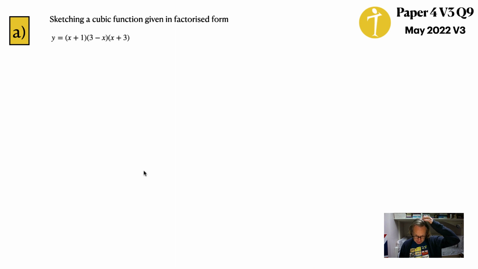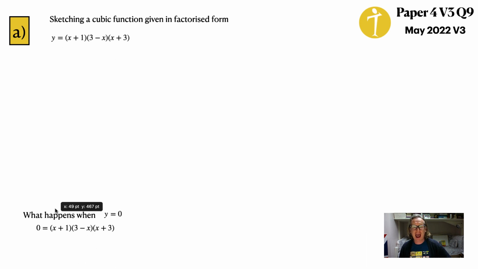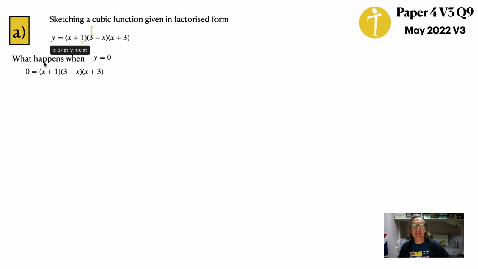Now, the clue here that we have is that your factorized form allows you to consider what happens when y equals 0. So when y equals 0, you can substitute 0 for y there. You're looking for the x-intercepts. And because this has been factorized, that really helps, because if I've got three things multiplied by each other equal to 0, I know that one of them must be 0.